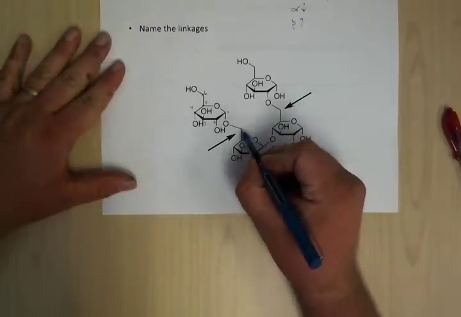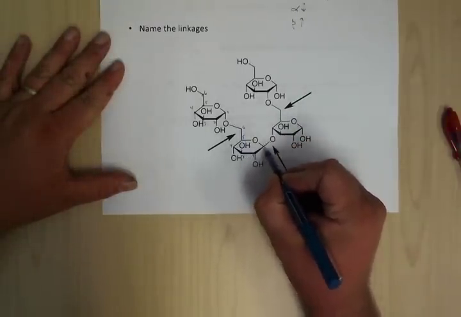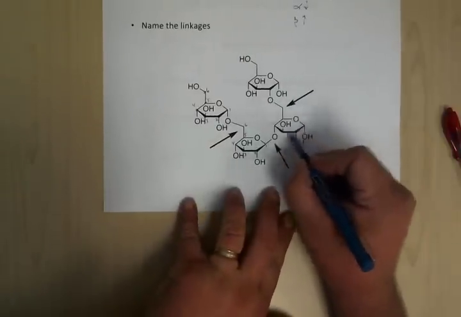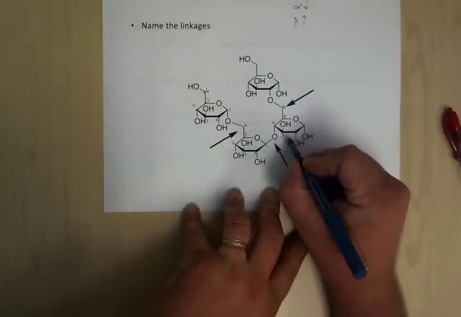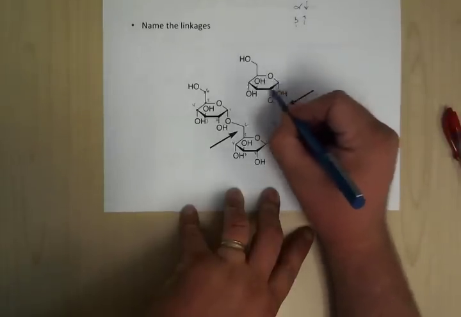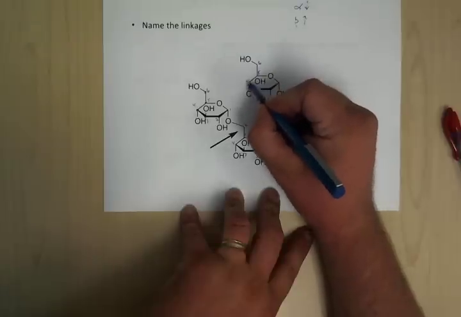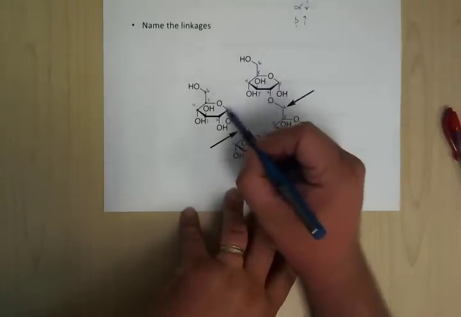Okay, same thing here, right? So 6, 5, 4, 3, 2, 1. Same thing here, 6-membered ring. So that means this is 6, 5, 4, 3, 2, 1. Again, this one here, the 6-membered ring, so this is 6, 5, 4, 3, 2, 1. Now, if you get to this carbon and you're not at 1, something's gone wrong.